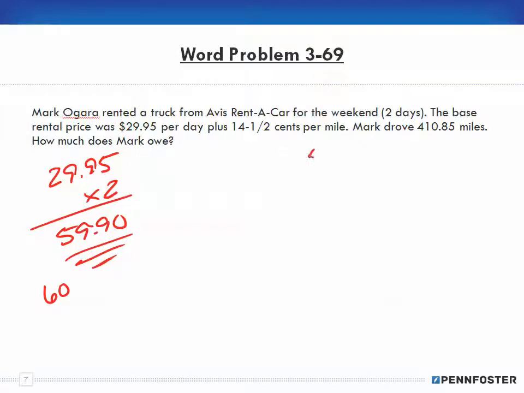So I have 410.85 at 14.5 cents. Okay, all right, now 14.5 cents. Okay, that's where my decimal place goes. It doesn't go over here by the 0.5, so that's wrong.